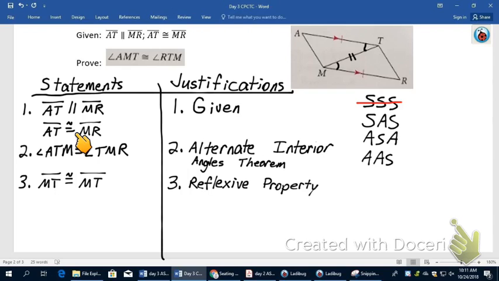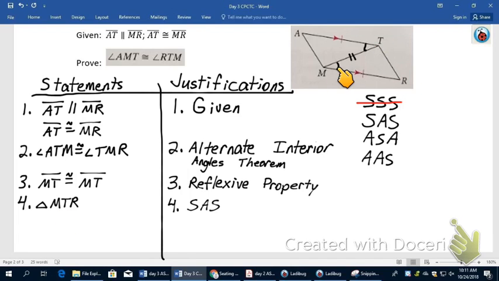Alright, now I've got two pairs of sides and one pair of angles shown to be congruent. That means it's going to be side, angle, side, and the angle is between the two sides that are congruent. So I'm going to go ahead and write in side, angle, side for the triangles MTR. Now I just named the first one whatever, but now I've got to be really careful on the second one.